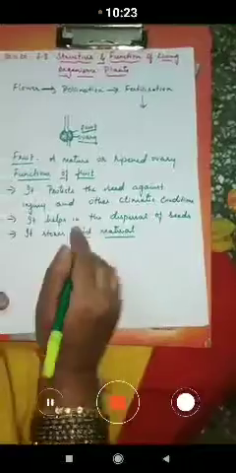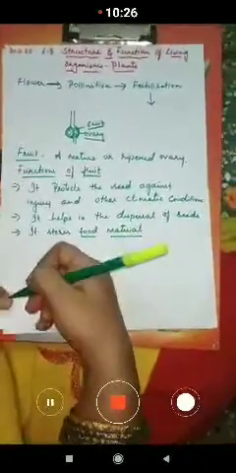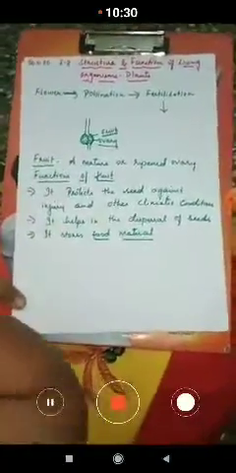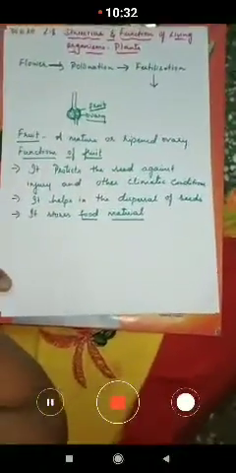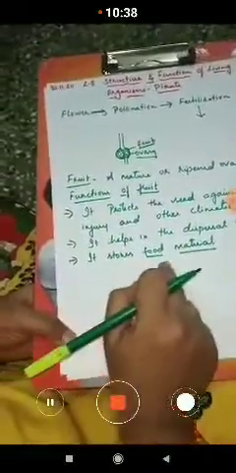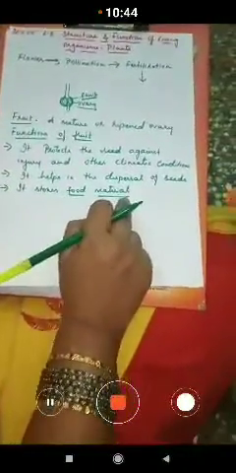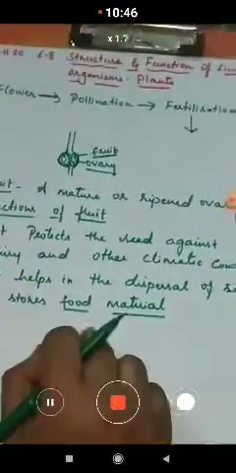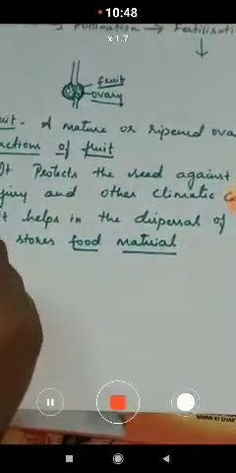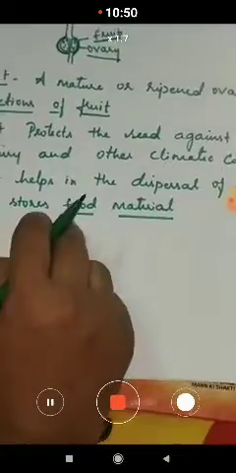Now we are taking the fruits as a food in our daily life. So here, as we are taking the different kinds of fruits in our daily diet, it acts as a food material to us. Okay, children. So as it stores the food material, we are taking it in our daily diet. Okay, so this is one function of the fruit.